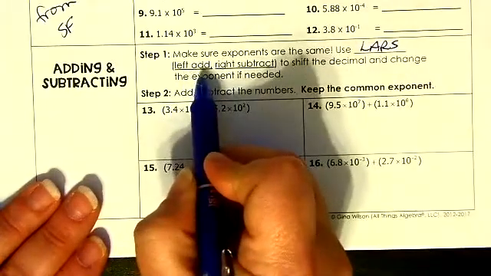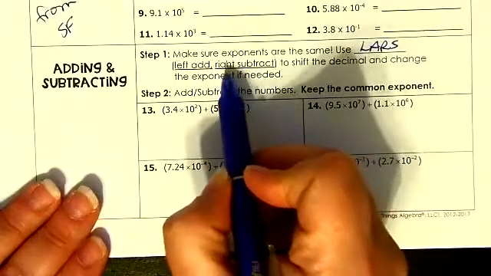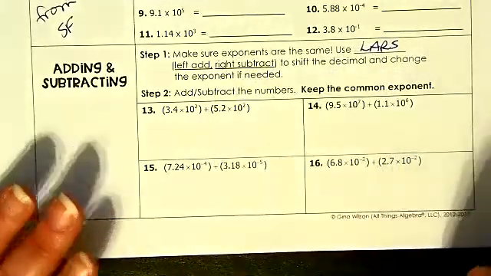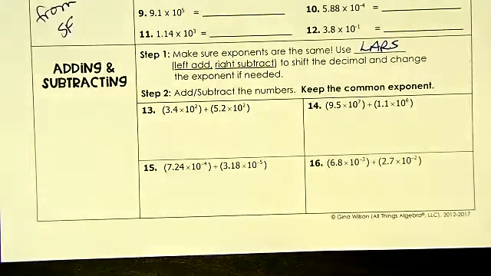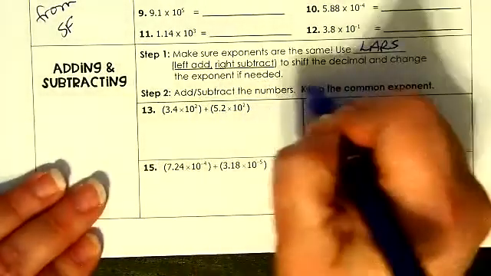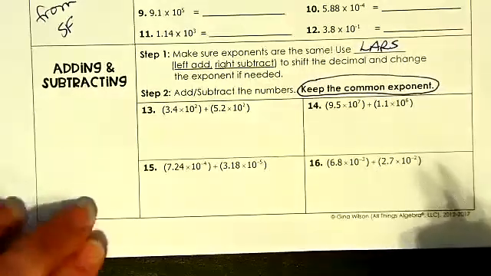Left, that means you add how much you have to move. If you have to move the decimal to the right, then you would subtract. Most of the time we add. It's just easier to add than it is to subtract. Then you add and subtract the numbers. The big thing to remember is keep the common exponent.